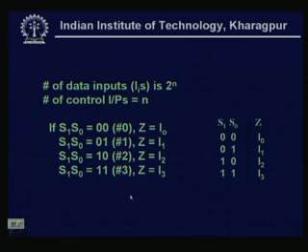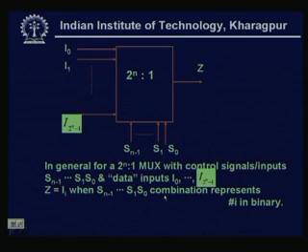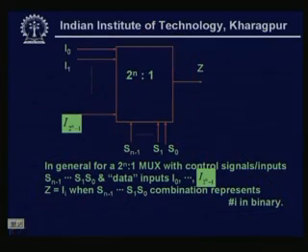Earlier we read only the 2 to 1 multiplexer, and how a 4 to 1 multiplexer can be designed, and again using 4 to 1 how I can design an 8 to 1 multiplexer, all these things. Today we will see first the general structure.